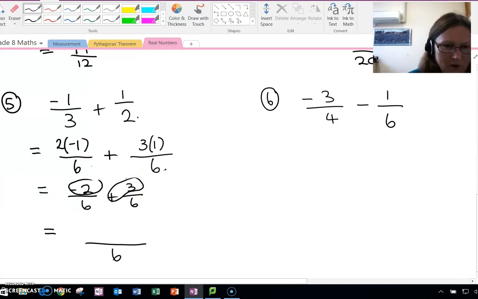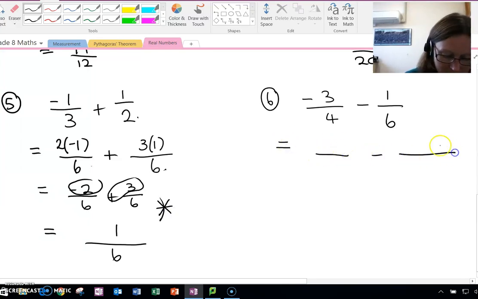So think of our number line. Negative 2 is where we start, and then the plus 3 means we move 3 to the right, so negative 2 plus 3 is 1 over 6. So that last step goes back to the number line and the topic we did at the start of the year. Okay, one more example.